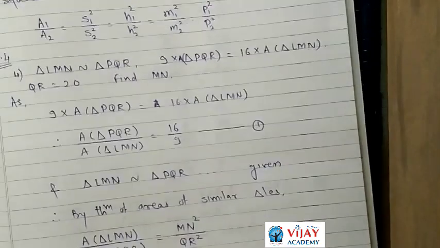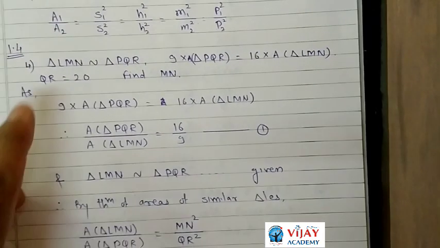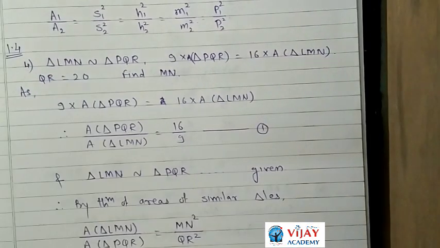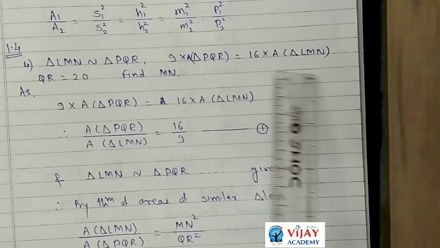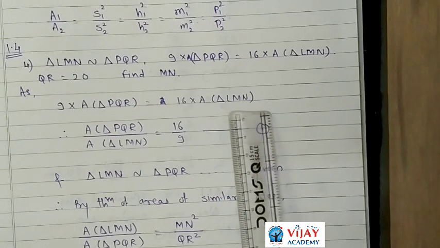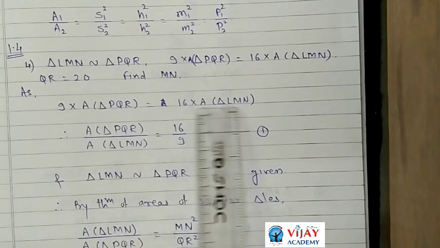So in this case, you are given that triangle LMN is similar to triangle PQR, and 9 times area of triangle PQR is equal to 16 times area of triangle LMN. QR is 20 and find MN.